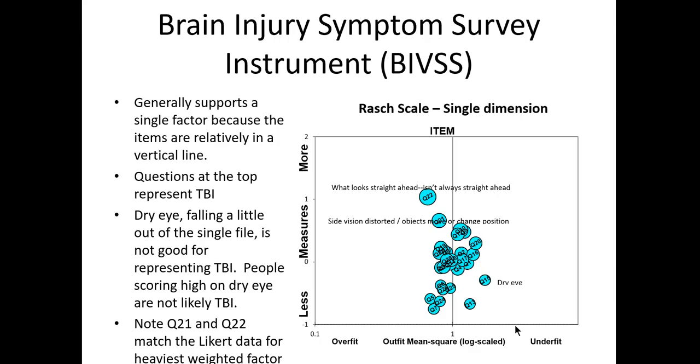Now this is the brain injury symptom survey with a Rasch analysis. Basically the question is, do the variables go along the line? If you're right on this line, you're good for a unidimension. If you deviate from here, you're kind of a misfit on the question. So the further you are, the worse the fit.